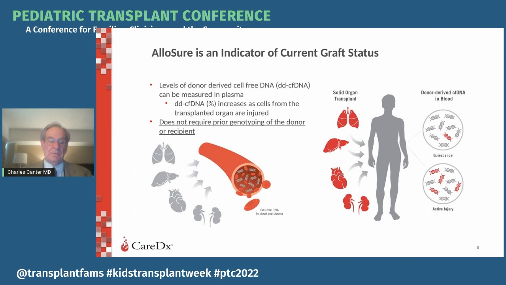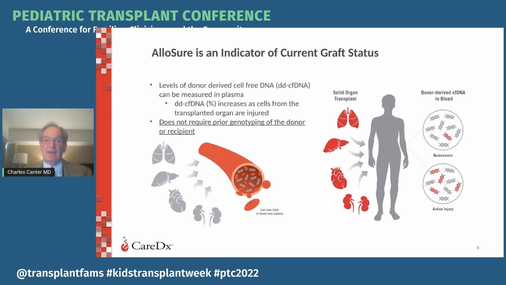And you can measure through various techniques how much DNA in the bloodstream is from a donor organ versus what are from organs from the patient's own body that were not transplanted. Then the marker that's assessed is the percent of donor DNA versus the host or the recipient's DNA.